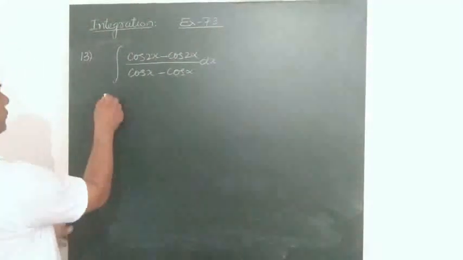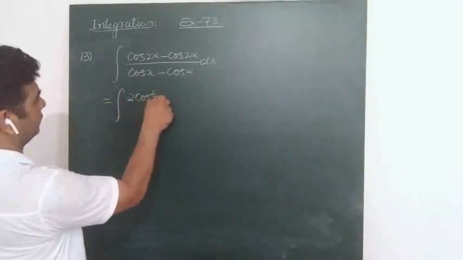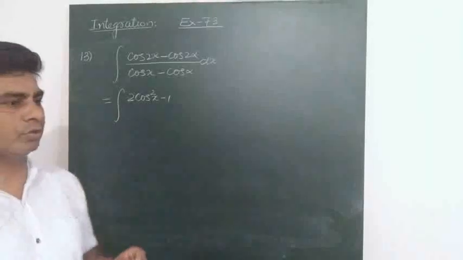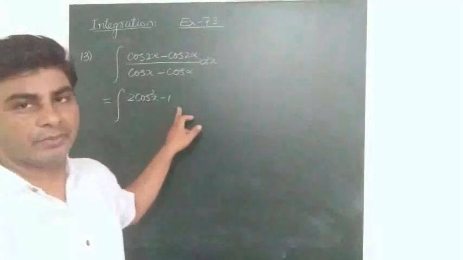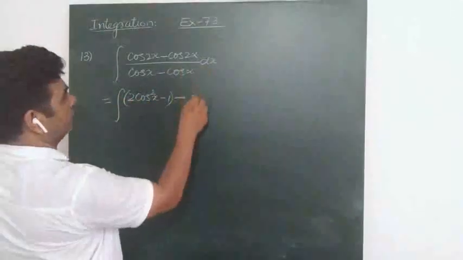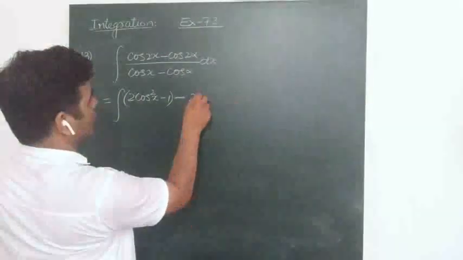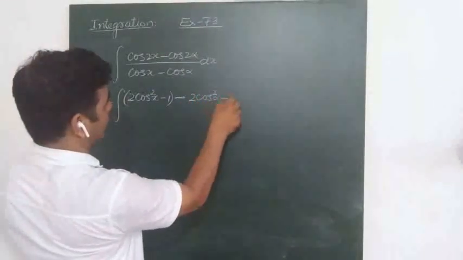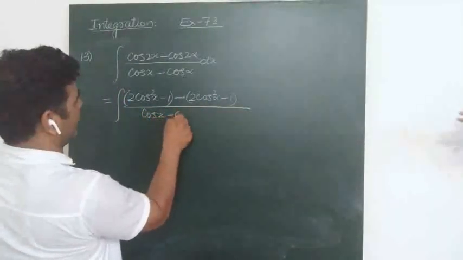सो दिस कैन बी written as 2 cos square x minus 1. The formula of cos 2x is always given by 2 cos square x minus 1. Similarly, the formula of cos 2 alpha is your 2 cos square alpha minus 1 divided by cos x minus cos alpha.